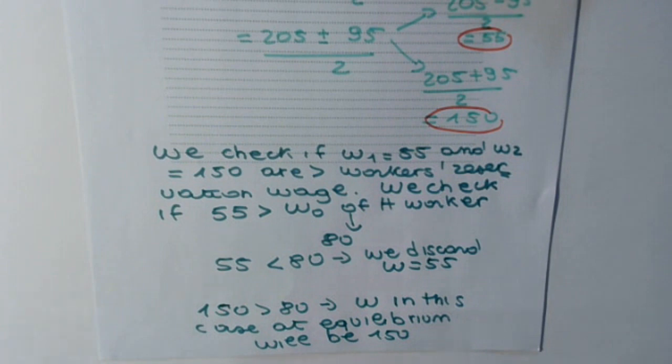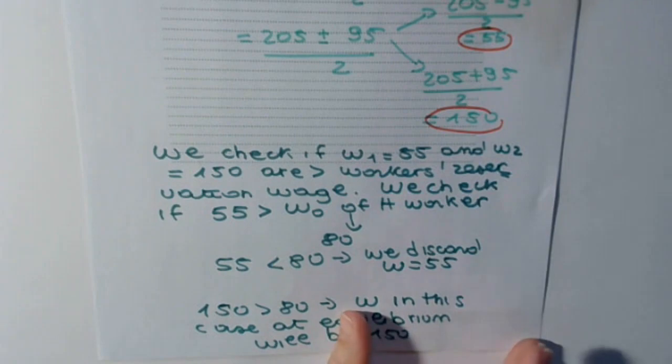And now, since we know that this is the equilibrium wage, we can compute how many L and how many H. And this is what we do now. Okay, so we now compute how many L workers. So now we know that the equilibrium wage is 150, okay? Now we find how many L and how many H by substituting in the supply function, okay, as usual.